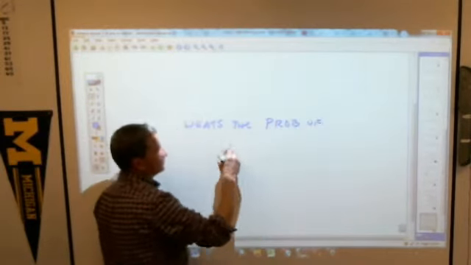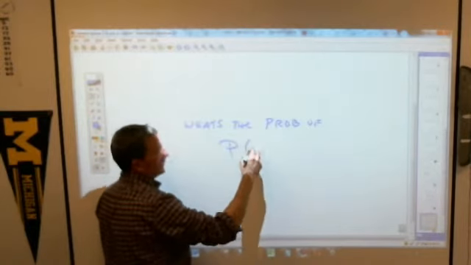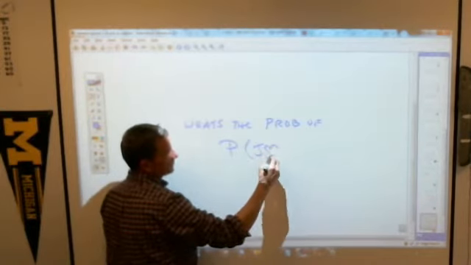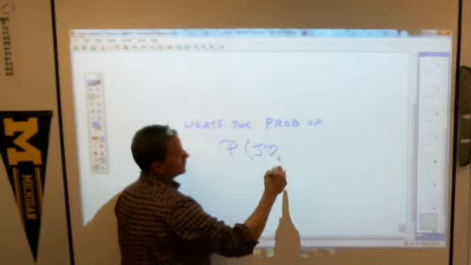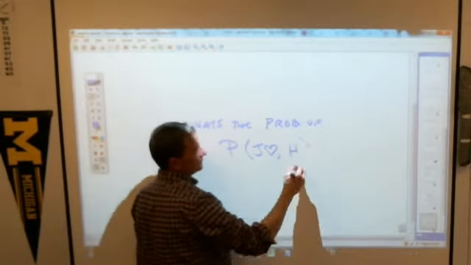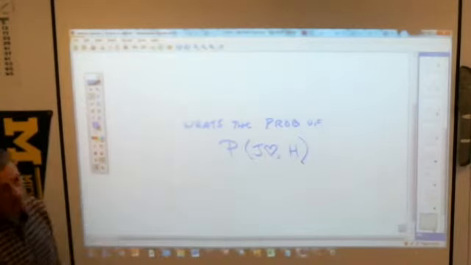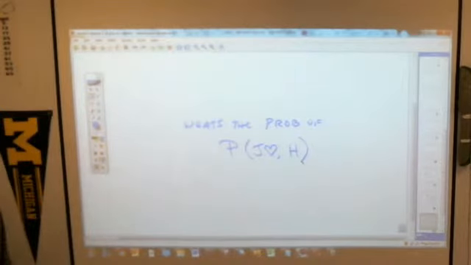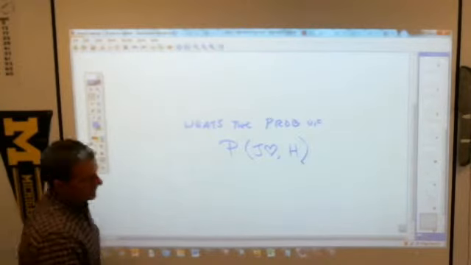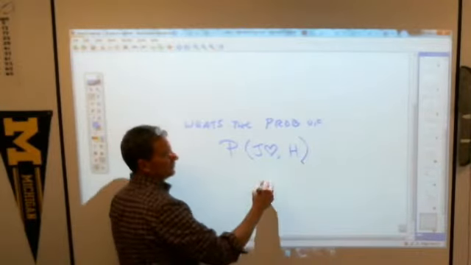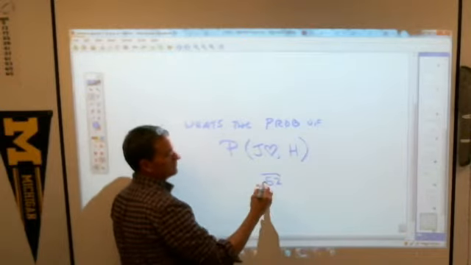Or this, what's the probability of drawing the jack of hearts and then flipping a coin and getting a head? Now you certainly wouldn't want to do a tree diagram with all the possible card combinations, because how many cards are in a deck of cards? 52. How many of those are jacks of hearts? 4.